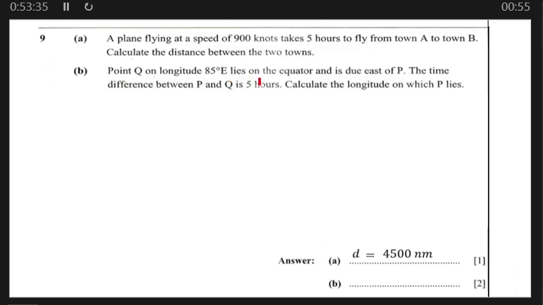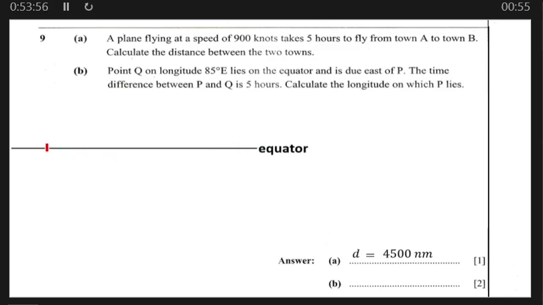So let's go to question B, which says point Q on longitude 85 degrees east lies on the equator and is due east of P. The time difference between P and Q is 5 hours. Calculate the longitude on which P lies. Earth geometry. We are going to draw a line representing the equator.